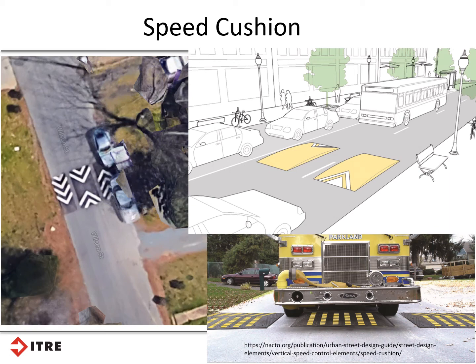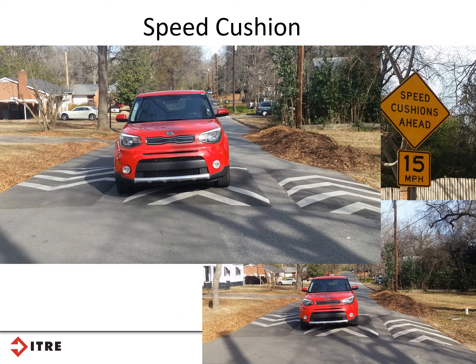And so the speed cushion, similar to the speed kidney, are trying to adapt and respond to that complaint. The city of Monroe, North Carolina, uses speed cushions in several locations, and this is what it looks like in practice.